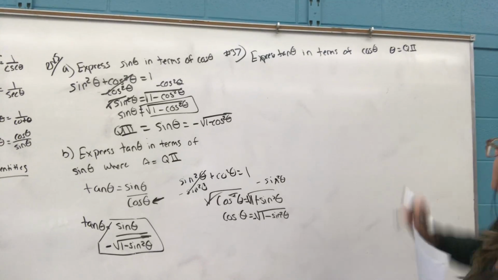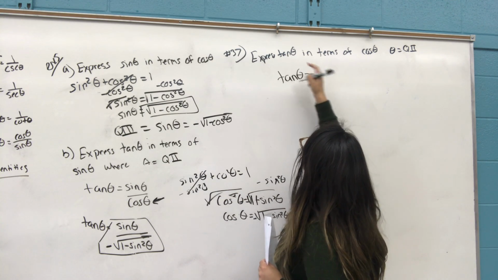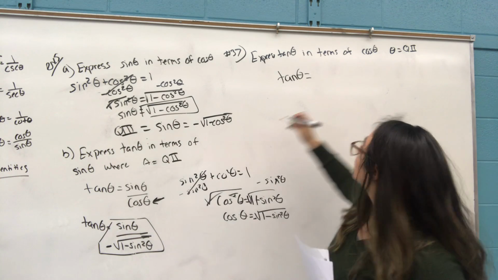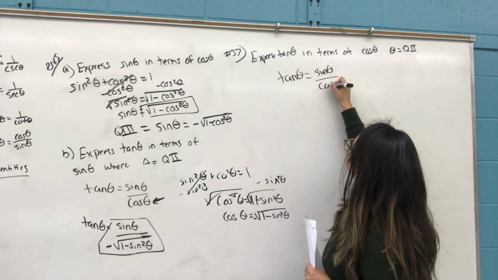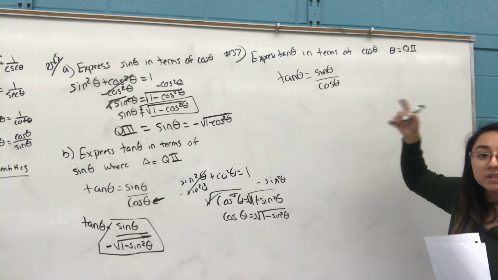There you go. So I wrote it kind of sideways. We know that the trig function we're going to use, something that has sine and tangent and cosine, is tangent is equal to sine over cosine. We want it in terms of cosine, so we're going to have to do some extra work.